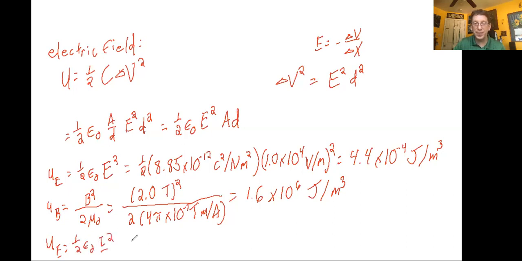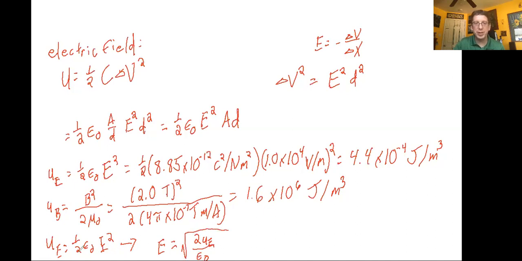And we want to solve this for E, using this value for the energy density, to see how strong an electric field will give you that energy density. So E is, you multiply the energy density by 2 and divide by epsilon naught, and then take the square root.